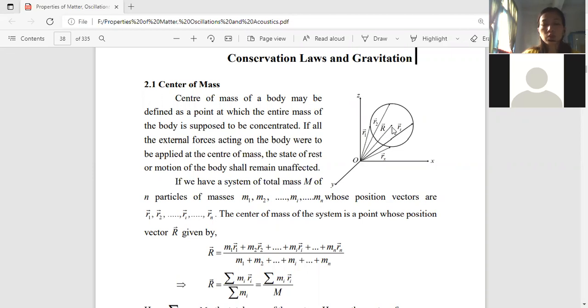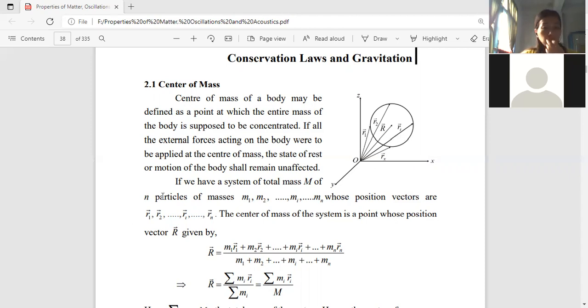We join a point with the center of mass, and then we get the position vector as capital R. Then we get many more position vectors as R1, R2, Ri, Rx, and so on. We can draw more if we want.